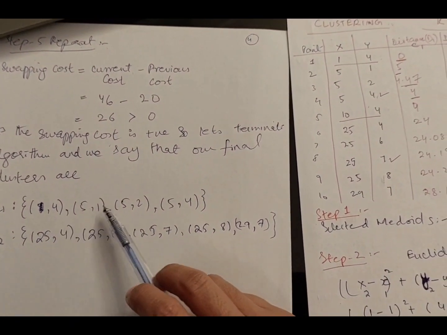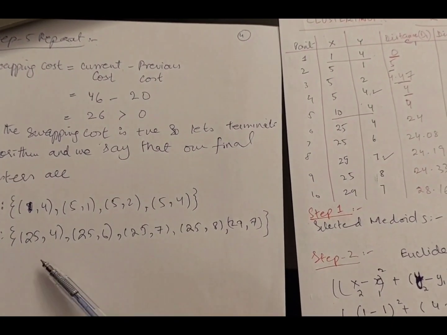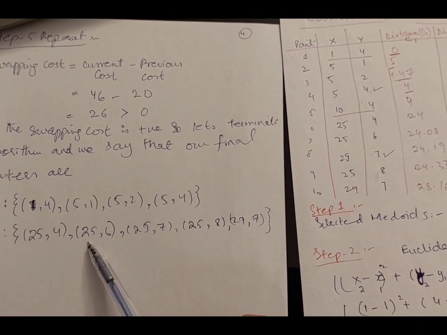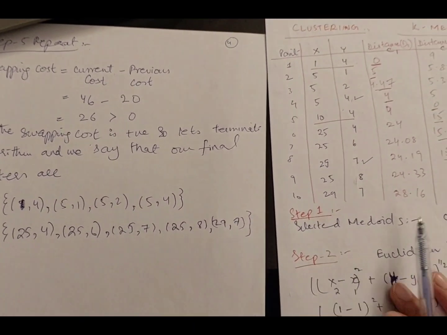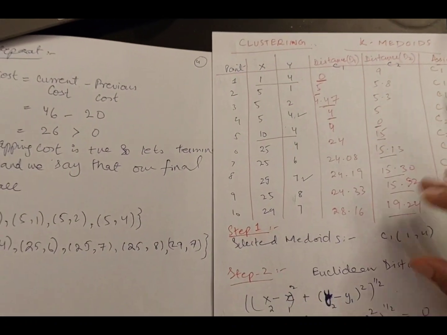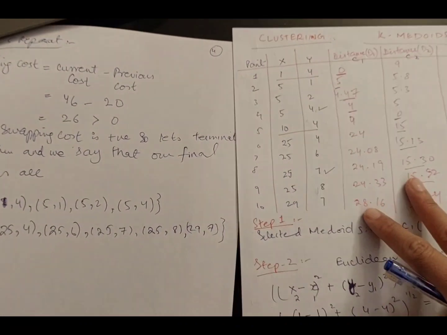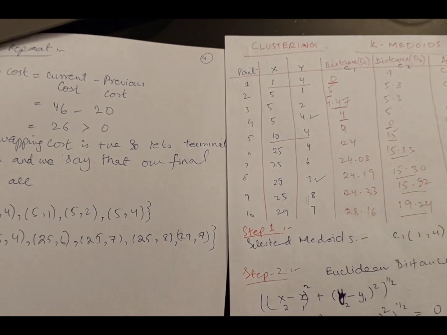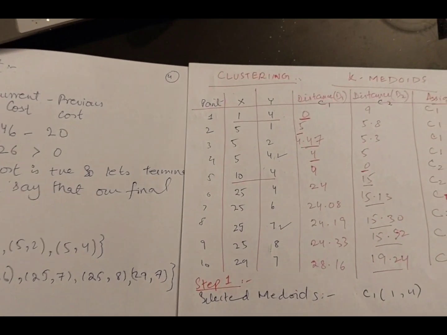Right now there are 4 data points in the first cluster, and 5 data points in the second cluster. So with the help of medoids, we have changed the medoids and we have formed different types of clusters. So this is how you do clustering with the help of K-Medoids.